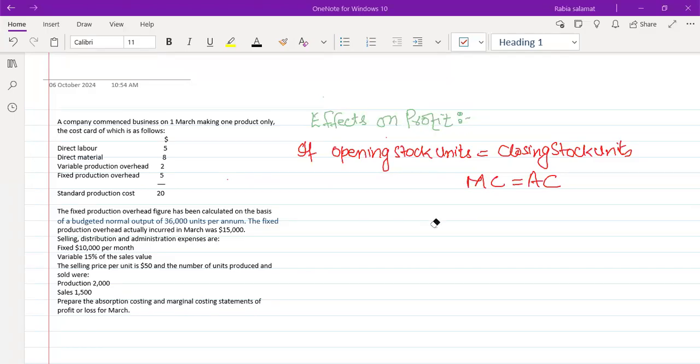It means both techniques show the same profit if opening stock units and closing stock units are the same. It means if you have opening stock units of 500, you also have closing stock units of 500. I am discussing the units, keep in mind, not the cost. Or the same applies if production equals sales.